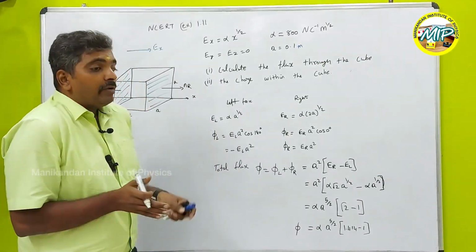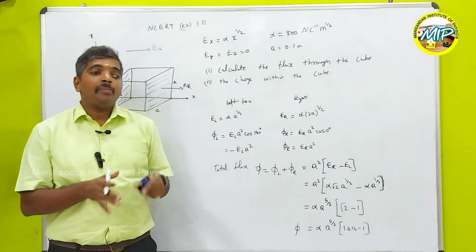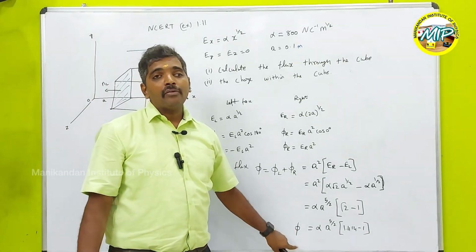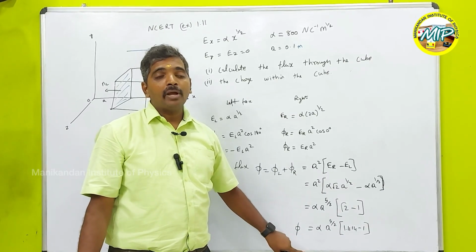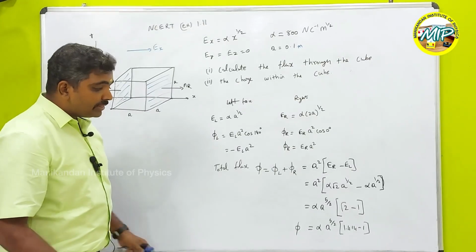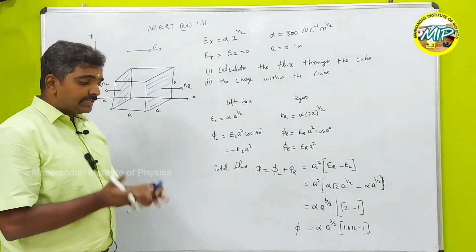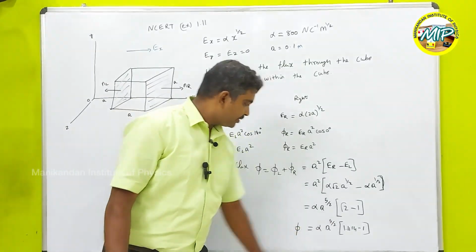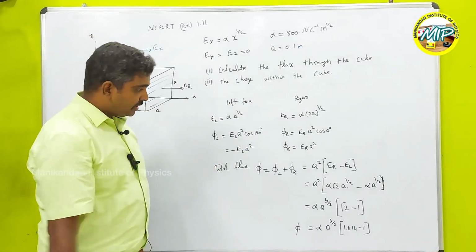Because if my charge inside the cube is 0, my total flux is also going to be 0. But in this case, my total flux is not 0. It's going to be a non-zero value. So I can simply say there is a charge inside this cube. My total flux I can find from this here.